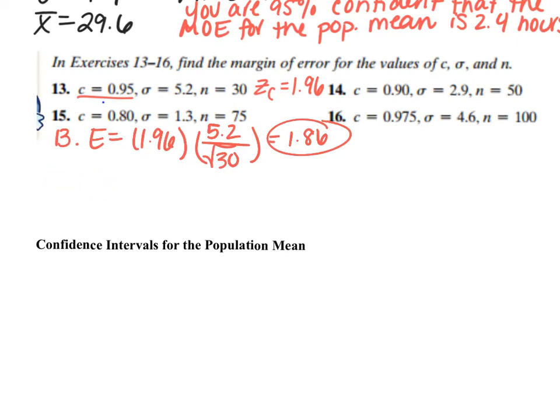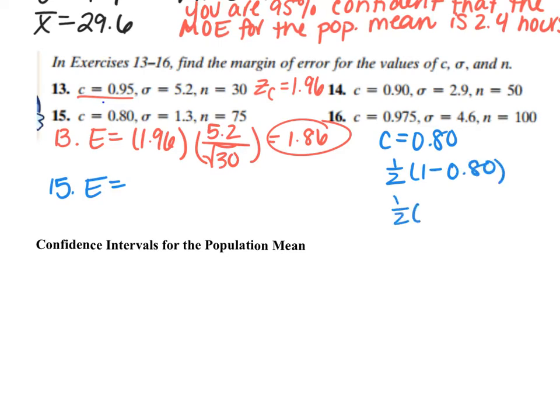Now, number 15 is a little bit different because our confidence level is not a common one. It's not in our list of common confidence levels. So our confidence level is 0.80, okay? So remember what we were doing? We were doing inverse normal, and then the area was just one of the tails. So we need to do 1/2 of 1 minus 0.80.